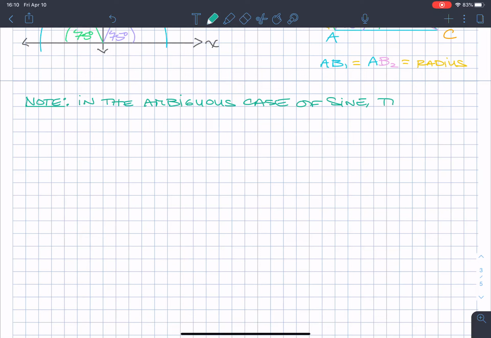There are two triangles which satisfy the given condition.